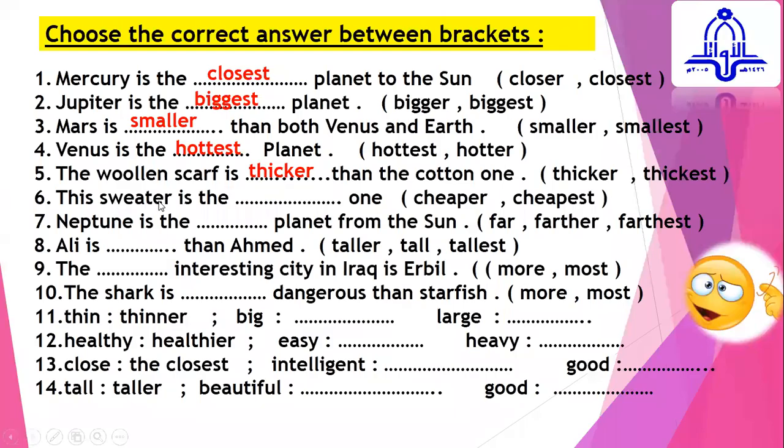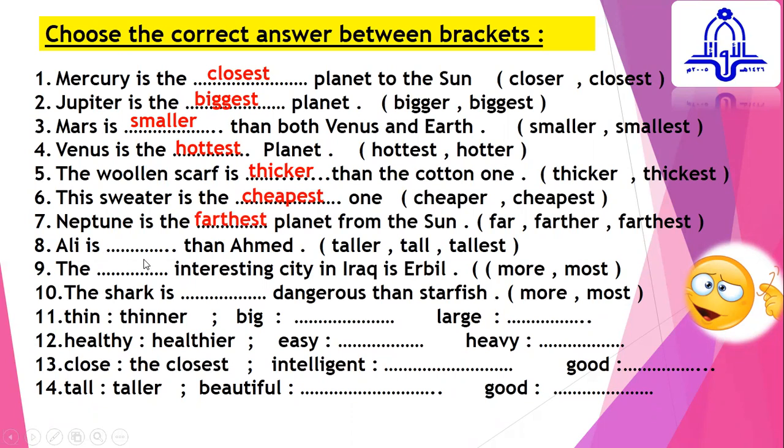Number six, this sweater is the dash one, cheaper or cheapest. We have the, so the cheapest, this sweater is the cheapest one. Number seven, Neptune is the dash planet from the sun, farthest. We have the, so we should use the superlative. Neptune is the farthest planet from the sun.